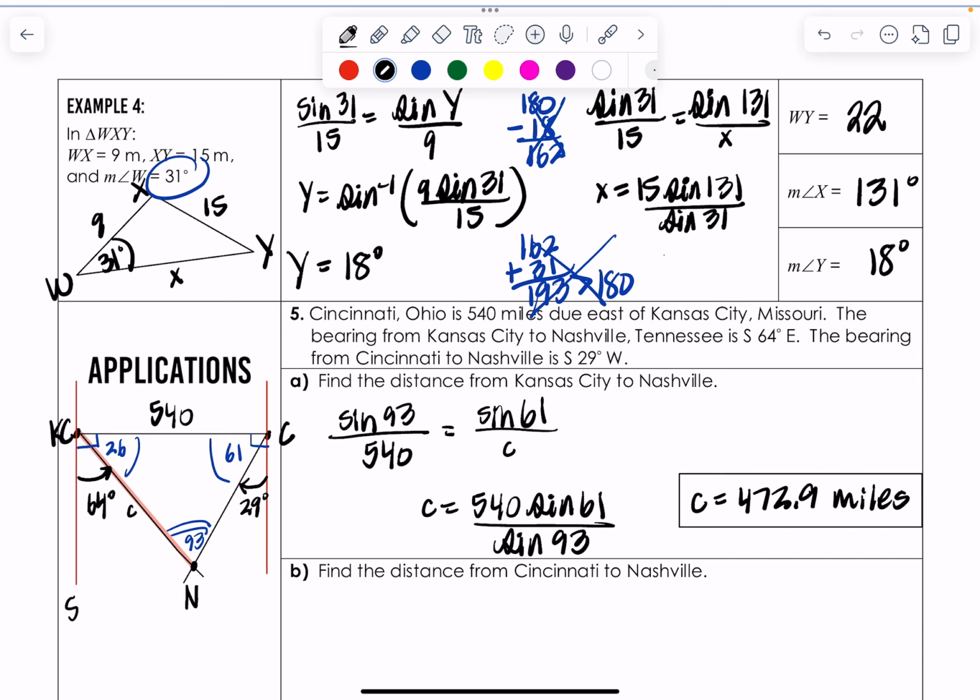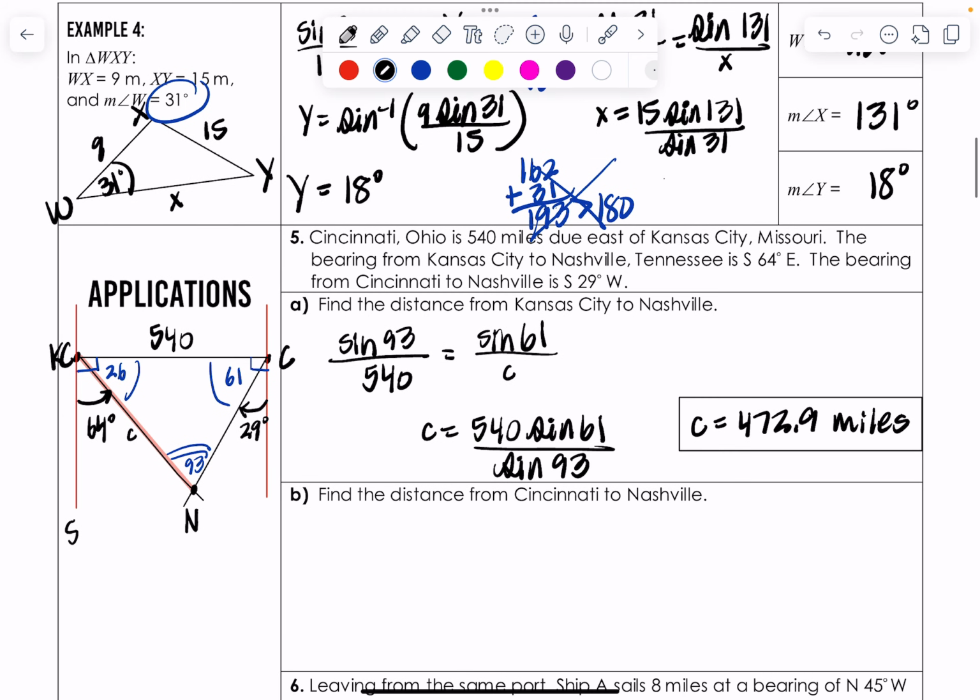The hard part is drawing the picture. Like if you have the picture, it's not as bad. So notice on this next one, find the distance from Cincinnati to Nashville. So that means I want this piece. So like, okay, we can handle that, right? We can find this distance because it's basically the same as what we just did.